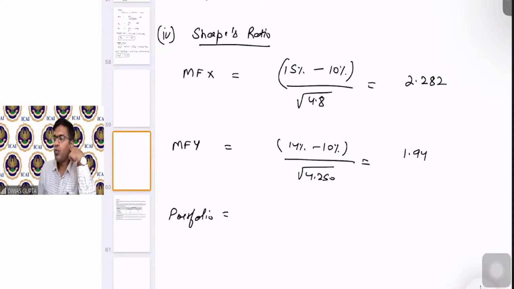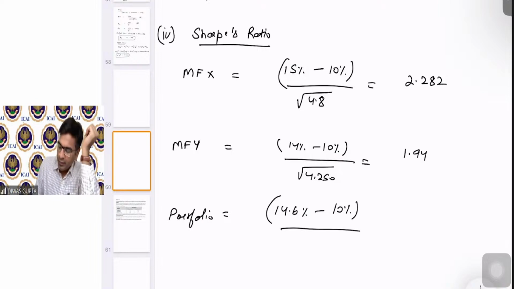Then students, on the portfolio, what is our average portfolio return? That is 14.6 minus 10% divided by 2.115, which is what we have calculated as the portfolio standard deviation, 2.175.